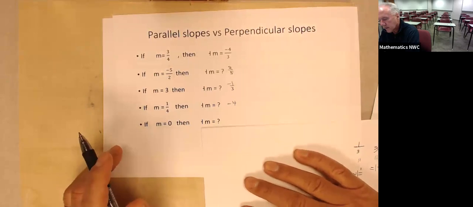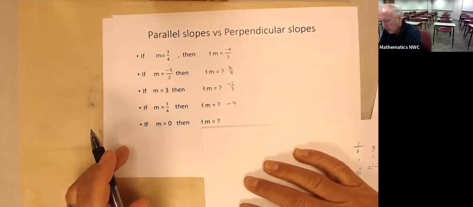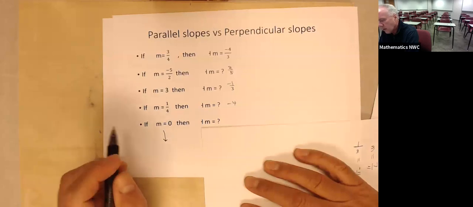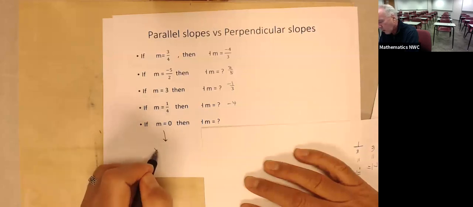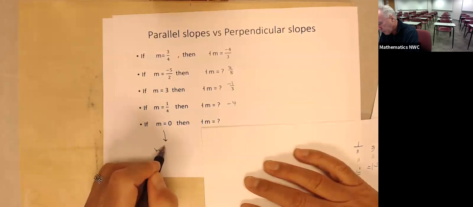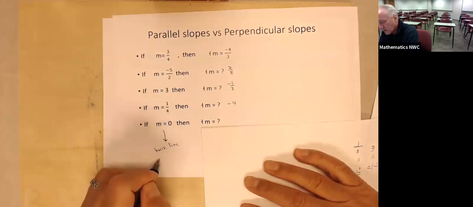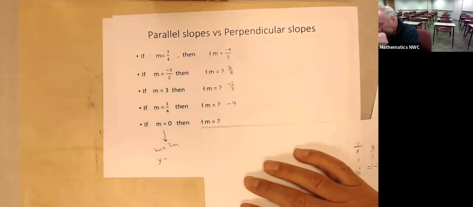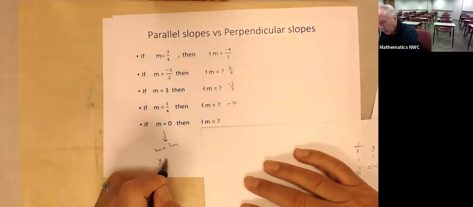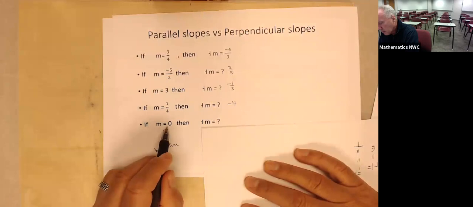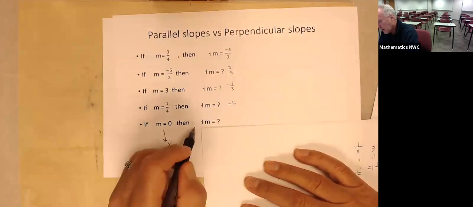Here's the one that's a little tougher. This will take us back to what we covered earlier. This one was, if you remember, a horizontal line, y equal to some number. I'm going to make up the number in this case, just say a 3. But the slope was 0 for a horizontal line.